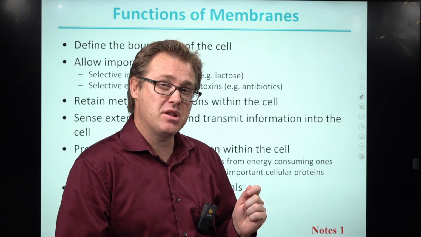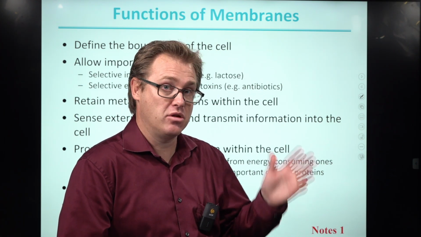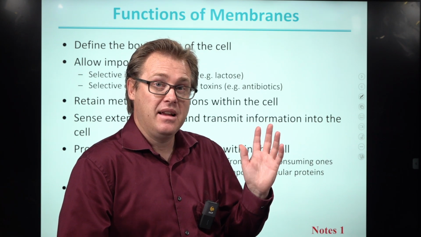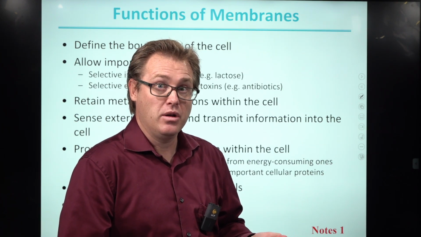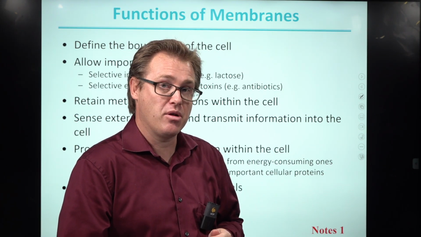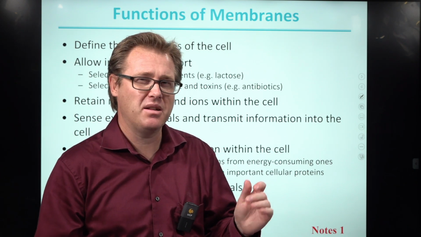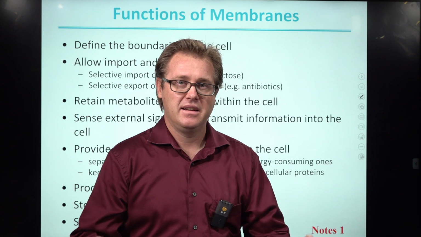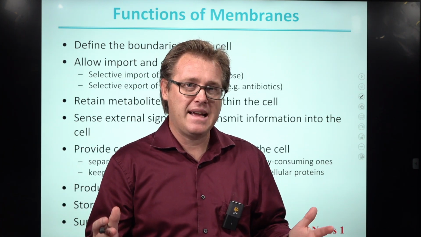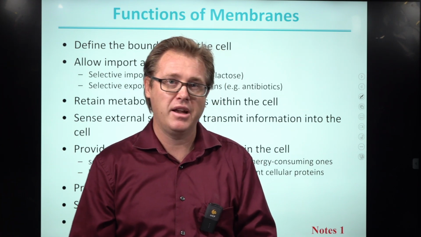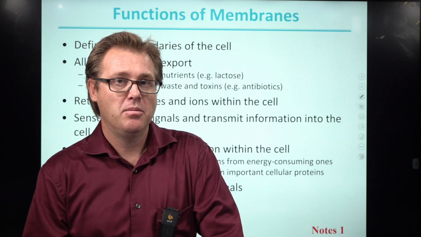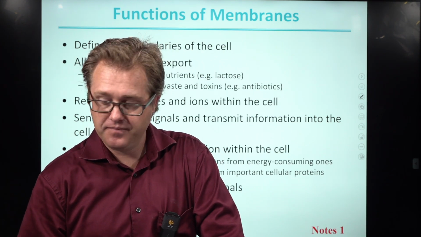And sometimes those happen passively, where they just happen. And then there's times where it requires some energy to get it to go across the membrane through these proteins. Okay, so I want to make that distinction, that the membrane's purpose is to keep things out, but it also has parts in the membrane to allow things to come in and out, but it's highly regulated.